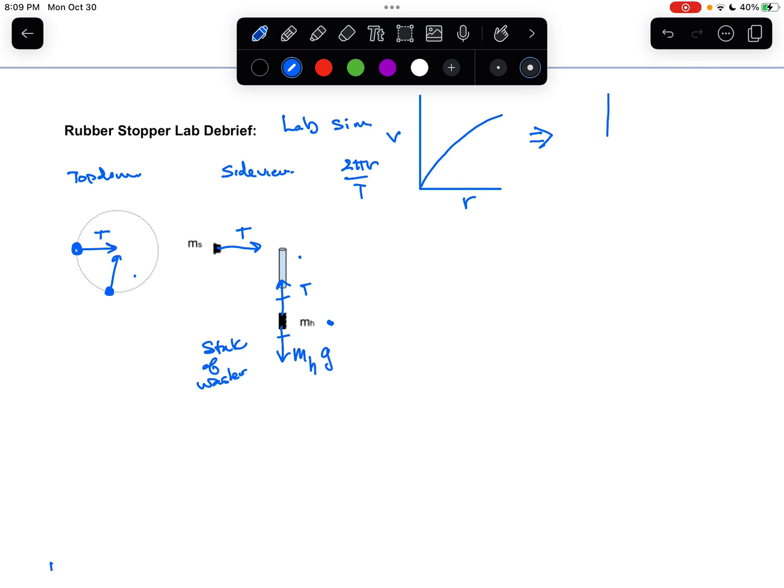Then you would have graphed velocity squared, in units of centimeters per second, whole thing squared, versus the radius in centimeters, and now we would have gotten a linear relationship. In the linear regression equation for this line, my y-axis variable was the speed squared, equal to some numerical value, and hopefully everybody got a different number.